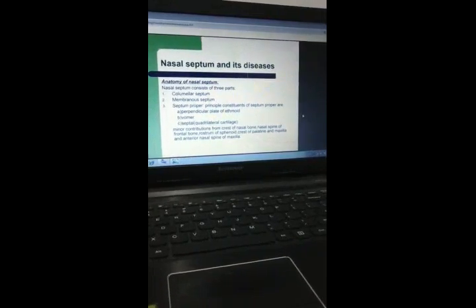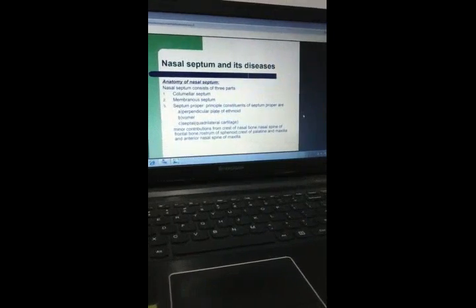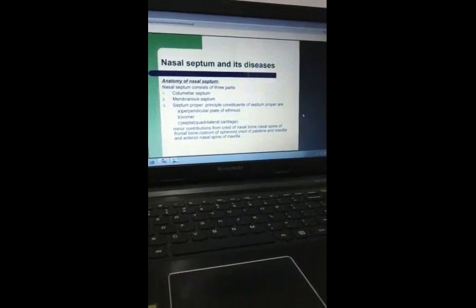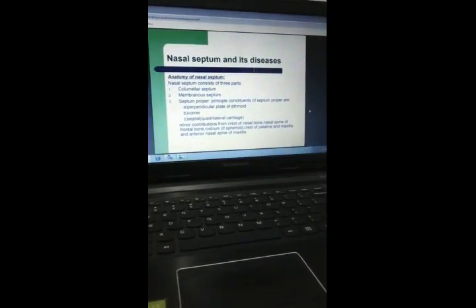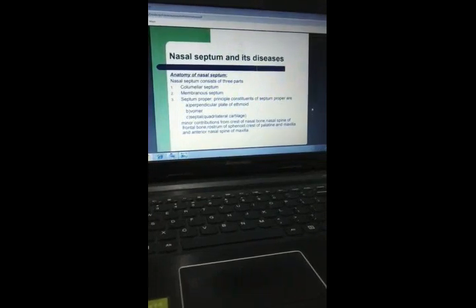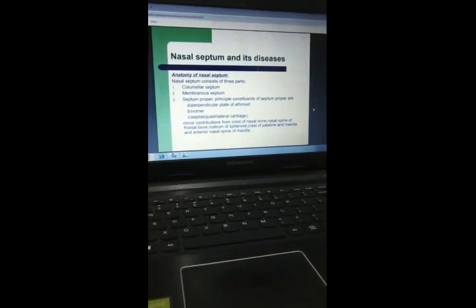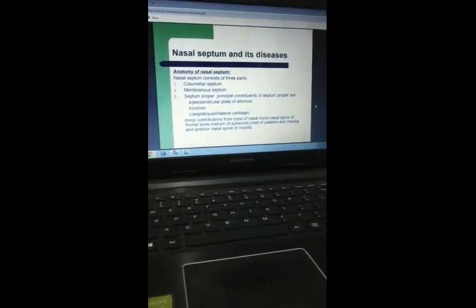The third part is the septum proper. It consists of an osteocartilaginous framework covered with nasal mucous membrane. Its principal constituents are, first, the perpendicular plate of the ethmoid, second, the vomer bone.